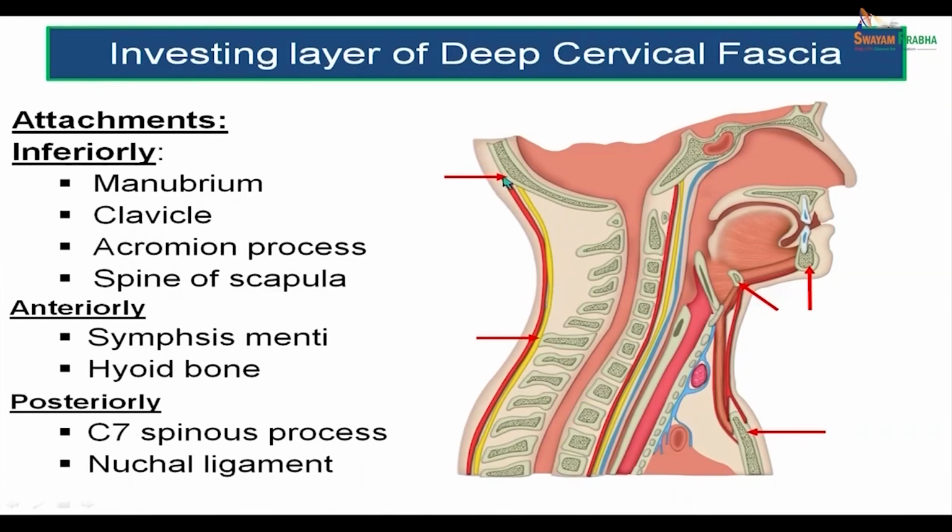So, if you see this diagram, this red line that you can see, that is the deep cervical fascia, it is the investing layer. This is the fascia posteriorly, and anteriorly we can see it passing from mandible to hyoid bone and in front of the neck down till the sternum where it is splitting.